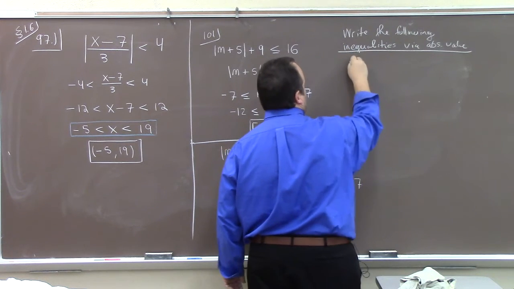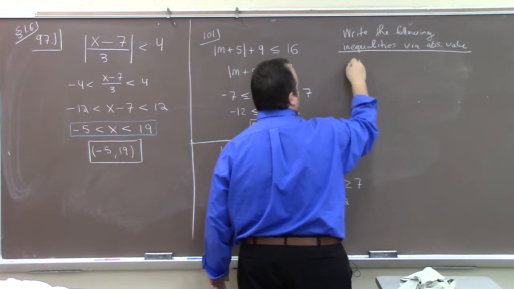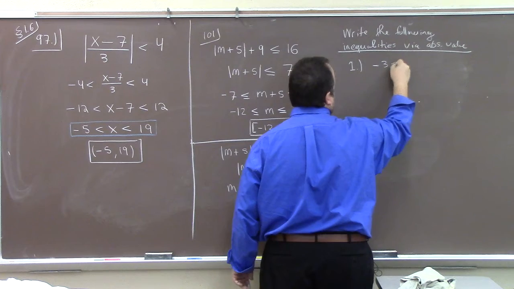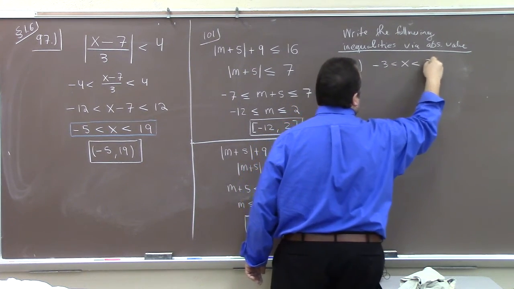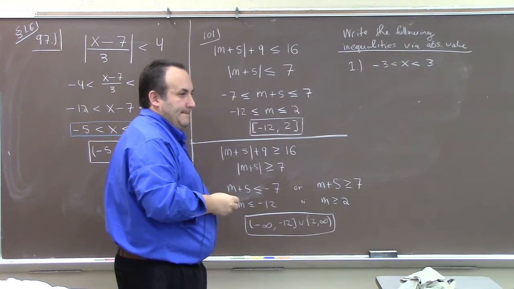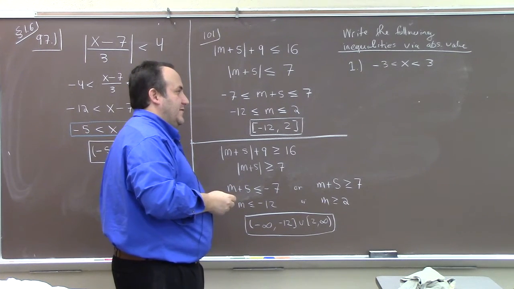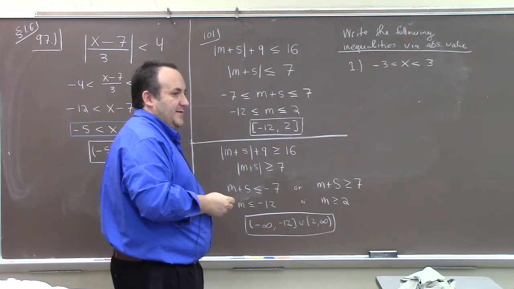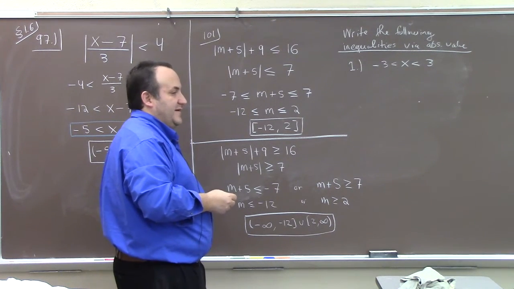I'll start us out real simple: minus 3 less than x less than 3. If I want to write that in terms of absolute value, what is that inequality interchangeable with?